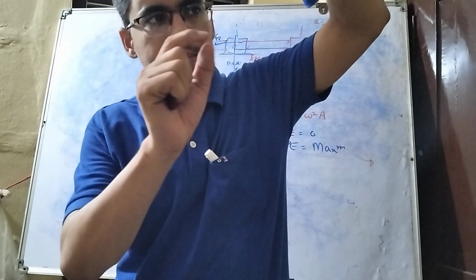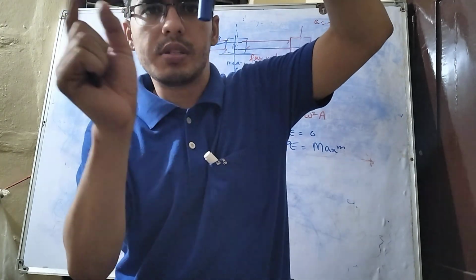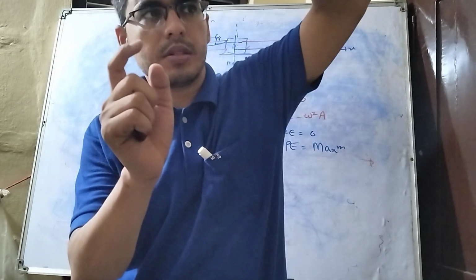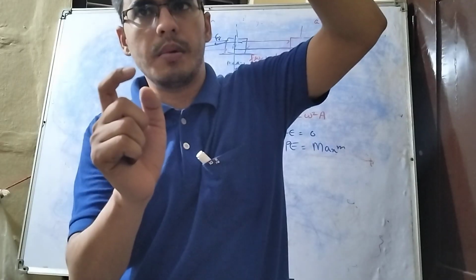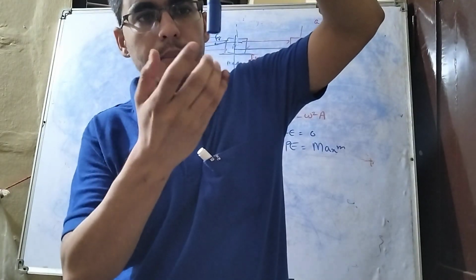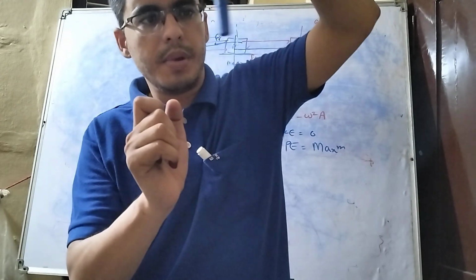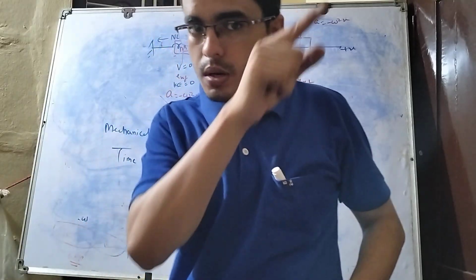That is the extreme. Due to inertia of motion, it will continue its motion. Mean, extreme, mean, extreme, mean, extreme. So what is that time period? Mean, extreme, mean, extreme, mean. That is called one complete time period.